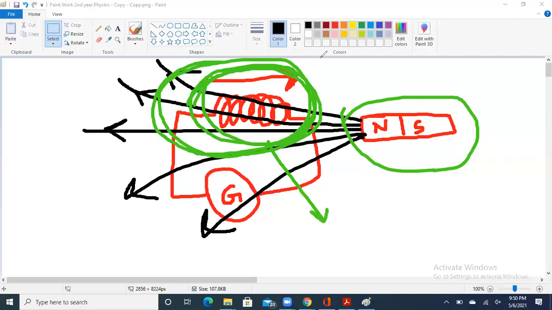So it will produce an induced EMF. And what is that type of induced EMF? This is called the dynamic EMF.